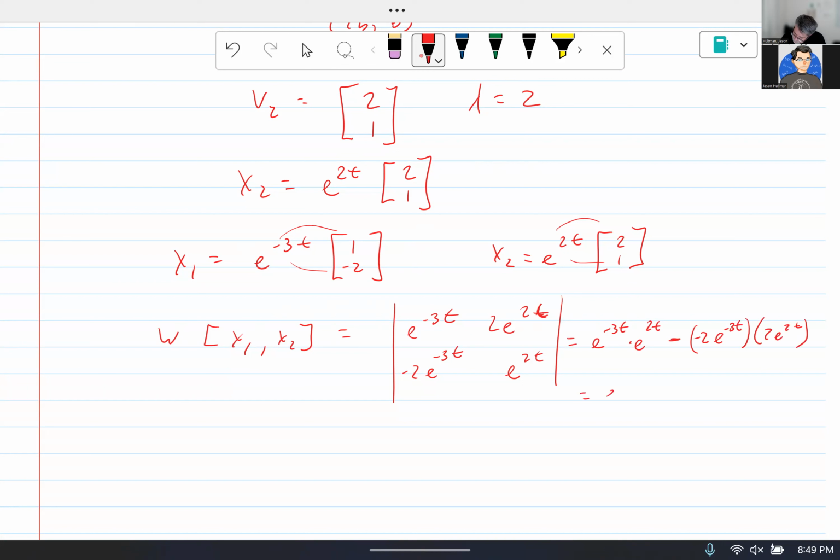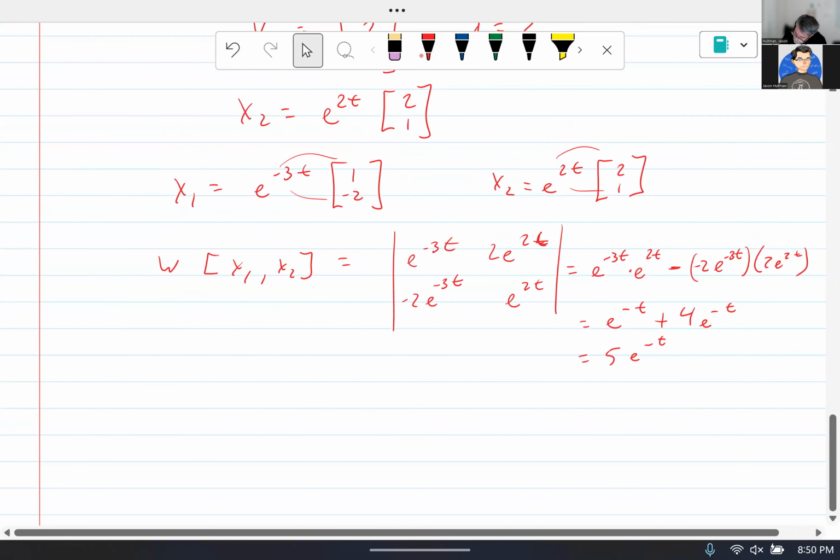So this becomes e to the negative t plus 4e to the negative t, which is 5e to the negative t.